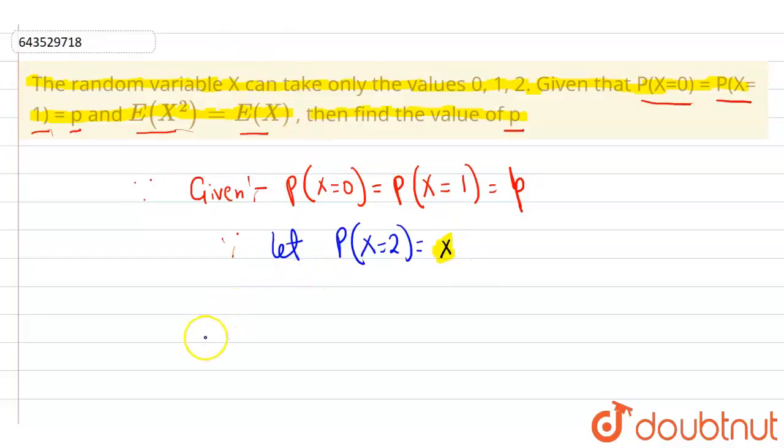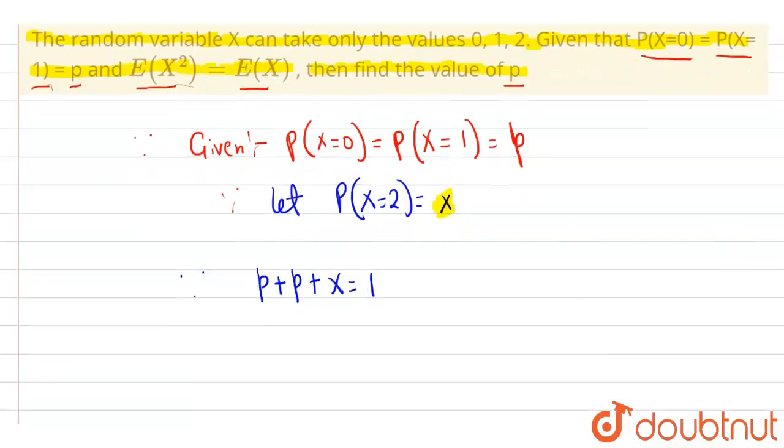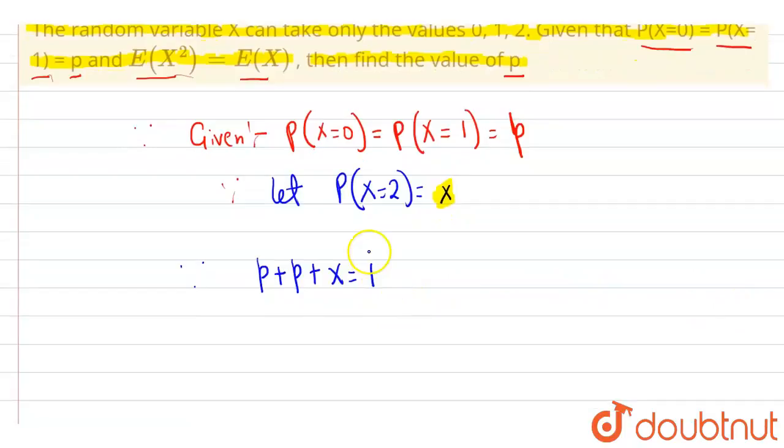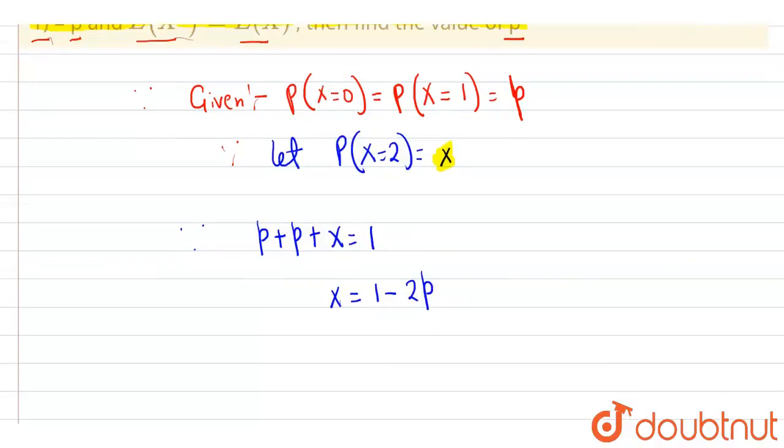So we can say that p plus p plus x is equal to 1, because the sum of all the probabilities is equal to 1. So from here we can find the value of x: x is equal to 1 minus 2p. So this is the value of x.